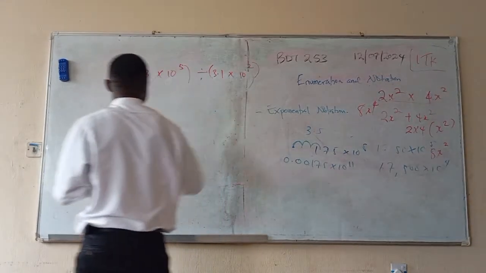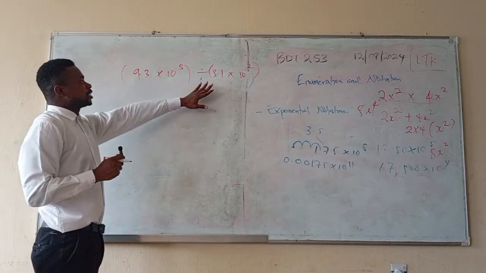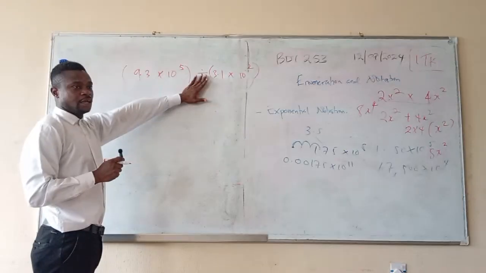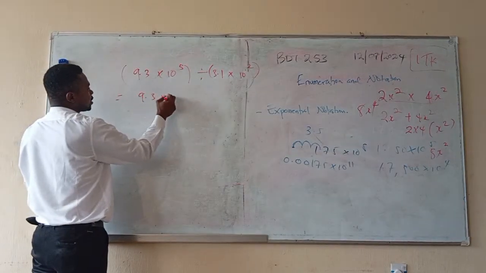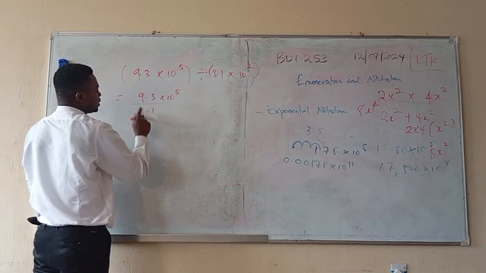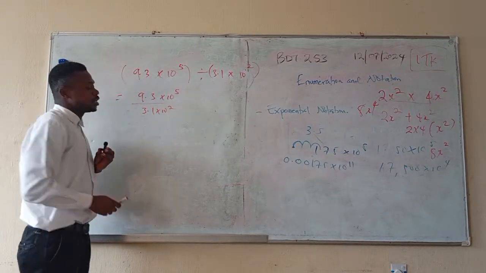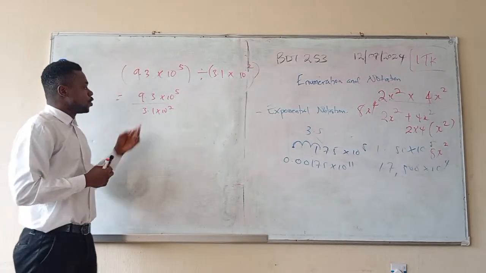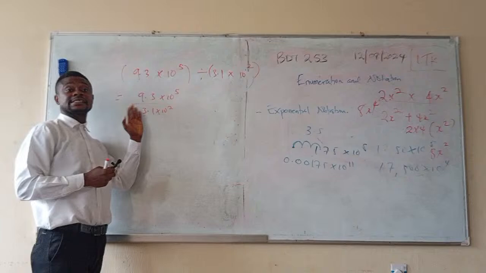Thank you. Now, as I said before, this is division. Okay? So this is the same as saying 9.3 times 10 to the power 5 over 3.1 times 10 to the power 2.